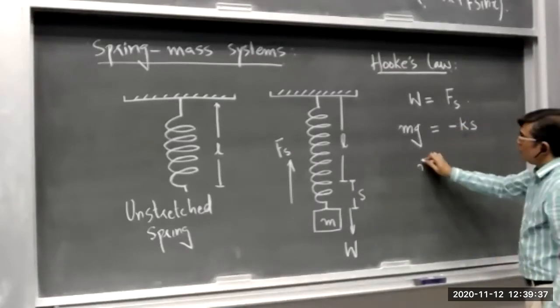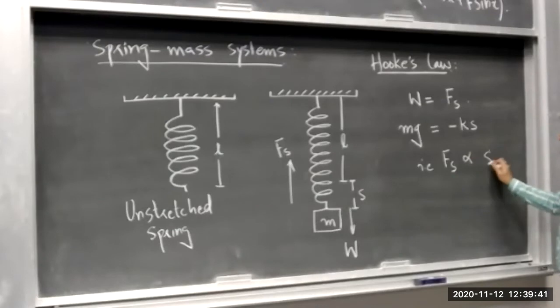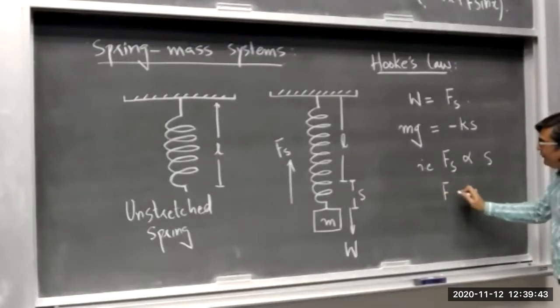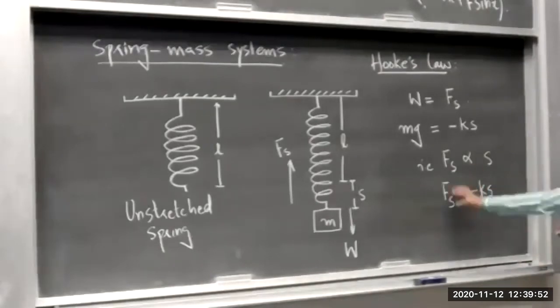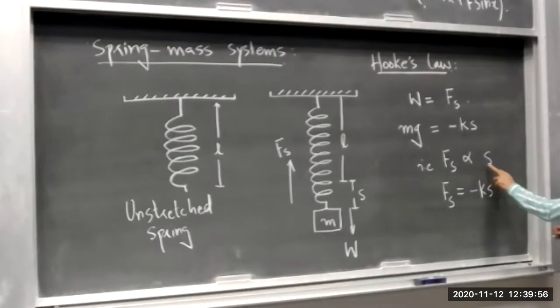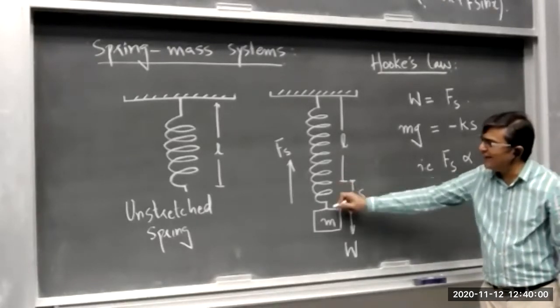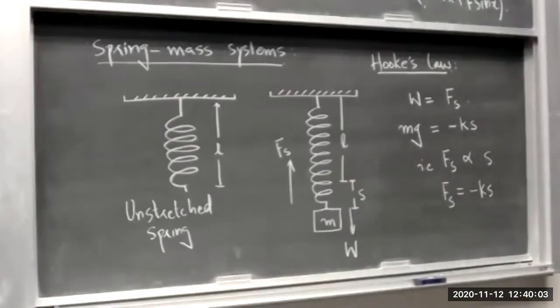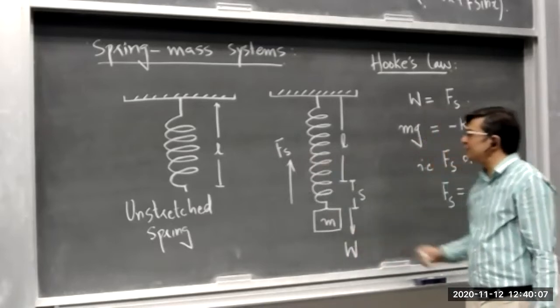That is, Fs is proportional to s. And if we eliminate the proportionality sign, we can write it in this form, k times s. This restoring force is proportional to the extension in the length of the string, and this force is opposite to the weight force.